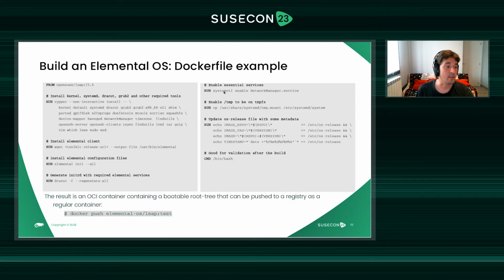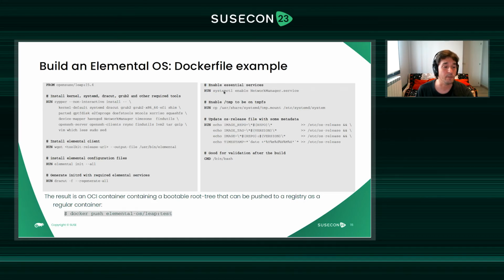So to install the elemental client, as we already said, this is just a Golang binary. So we just need to get it from the release URL, download it, and put it inside the /usr/bin so it can be found within the path. Once the elemental client is installed, we just need to run the elemental init command in order to get all the configuration files into the system.